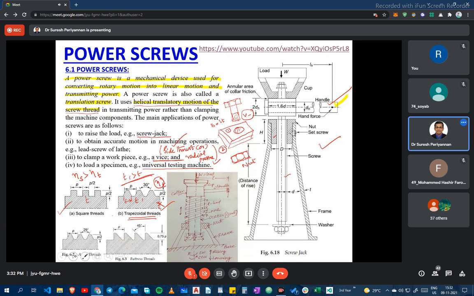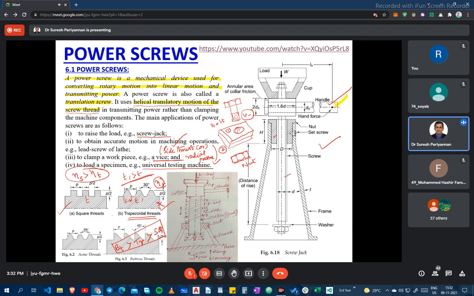See here, the strength of the buttress thread is greater than the trapezoidal thread, and that is greater than the square thread. This is the order. You may expect this type of objective type questions. And I already told you the order of efficiency also, please keep that in mind.